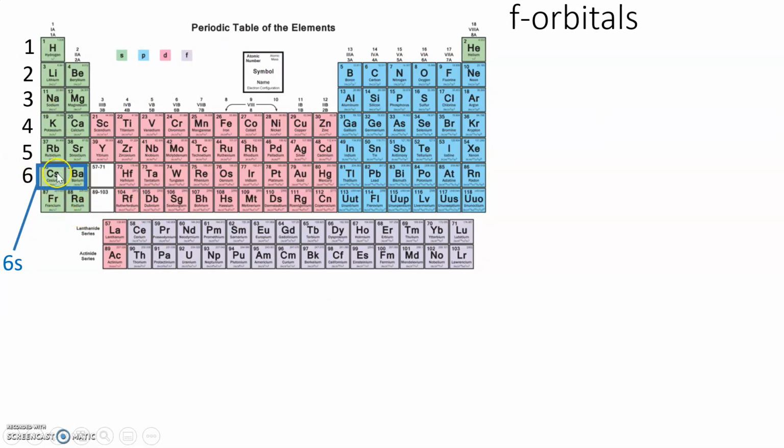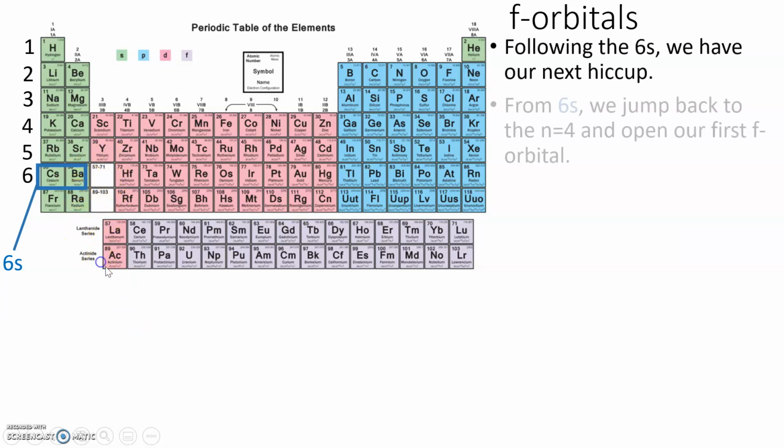All right, we have another little bump in the road at 6s. See the block right here? Barium is 56. The one next to it is 71. That's not right. That's because we have F block. After 6s, we go back to the 4th energy level, from 6 back down to 4, and we open up our first F orbital.